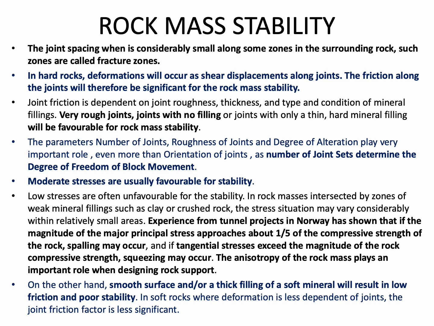Joint friction is dependent on joint roughness, thickness, and type and condition of mineral fillings. Very rough joints, joints with no fillings, or joints with only a thin, hard mineral filling will be favorable for rock mass stability.